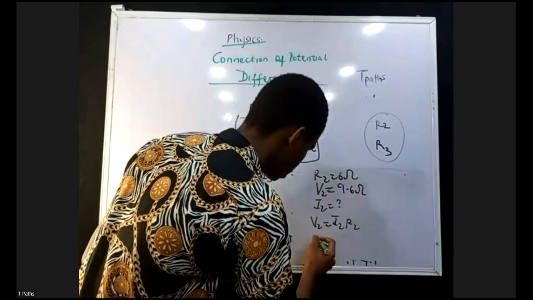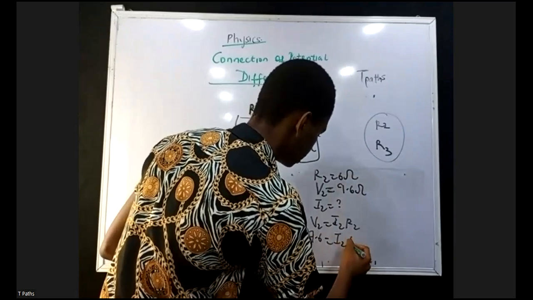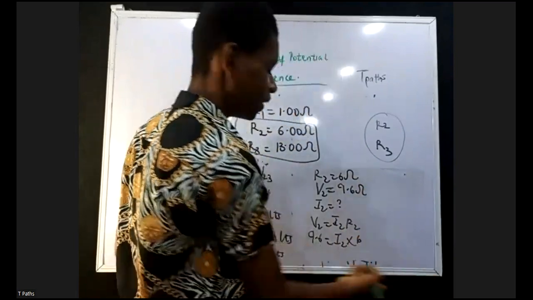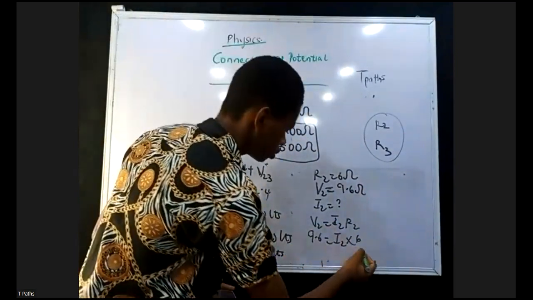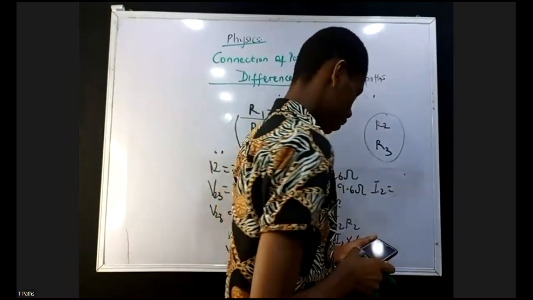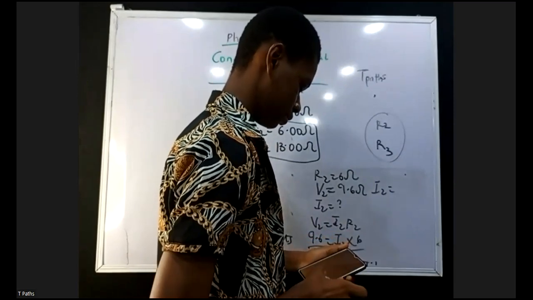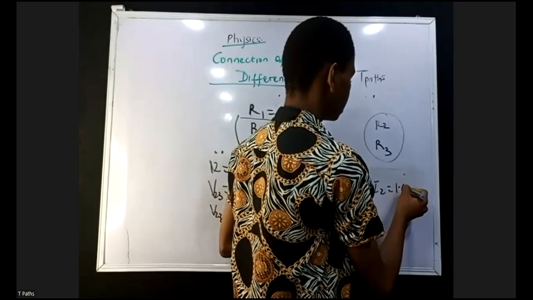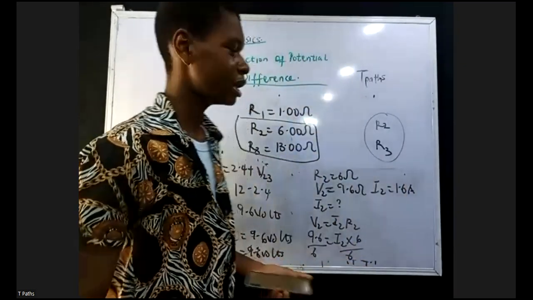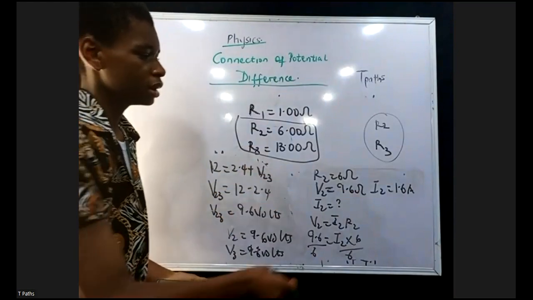So 9.6 is equal to I2, which is the current I'm looking for, times 6. So I can divide through by 6 to get my I2. I2 is equal to 9.6 divided by 6, and I'll get 1.6 amperes. So the current passing through the resistor R2 is 1.6 amperes.